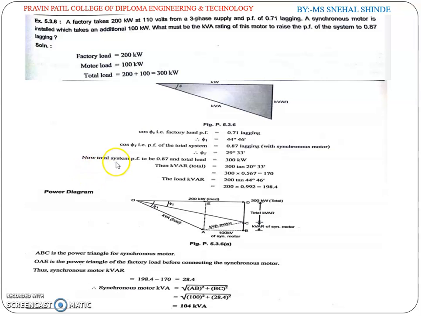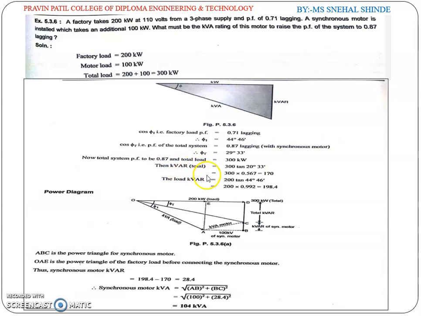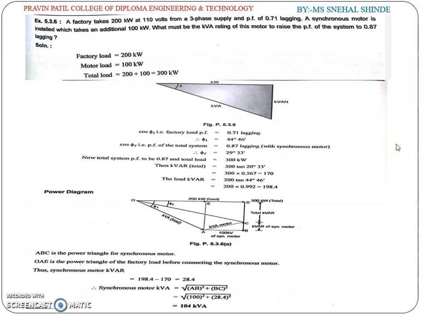So now total system power factor to be 0.87 and total load equal to 300 kilowatt. Then kVAR load will be 300 tan 29 degree point 33, so 300 into 0.567 equal to 170.